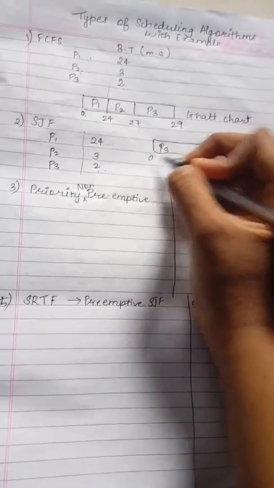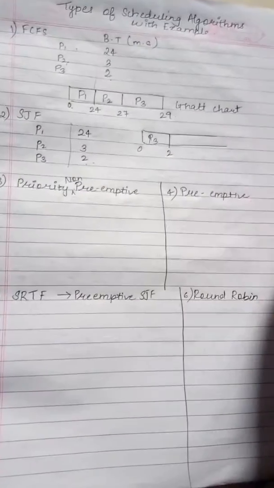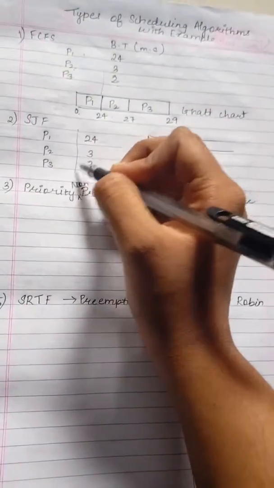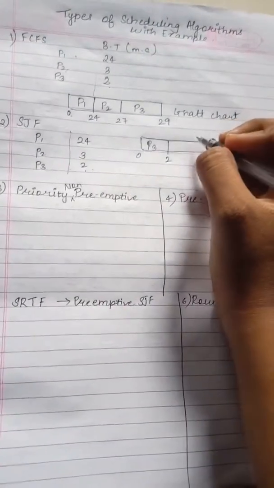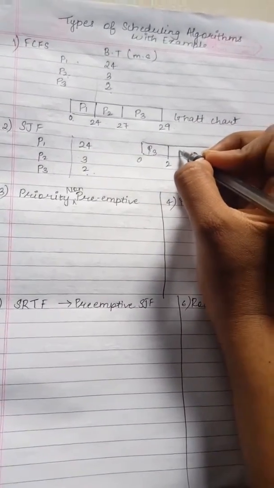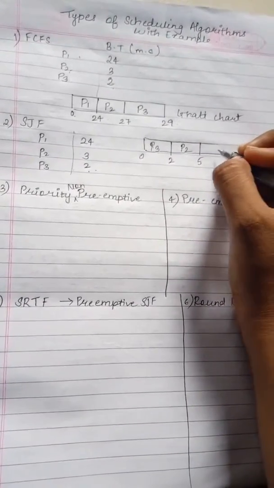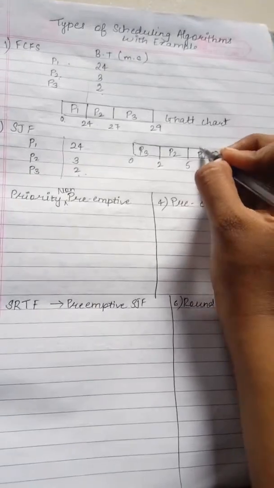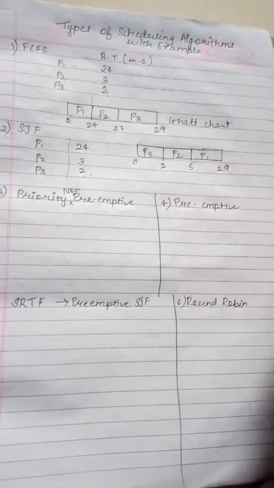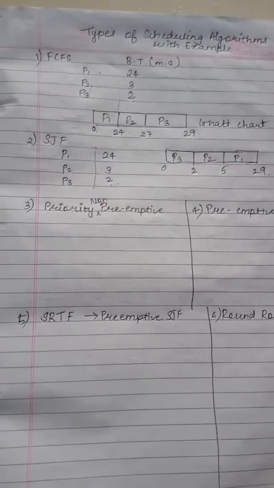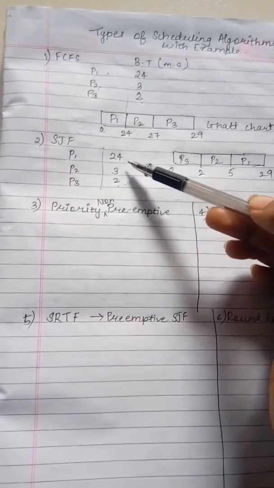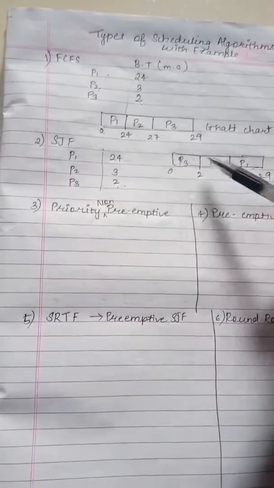So first P3 will get executed, then after that P2 is having the smallest burst time, so it will get executed, and then P1 will get executed. Now this was a non-preemptive SJF.